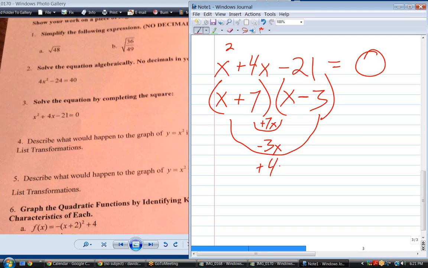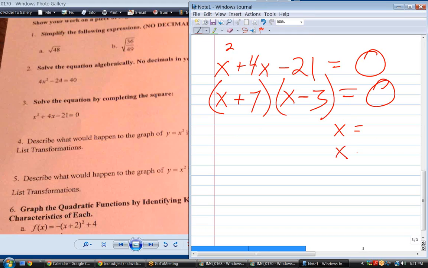That's how you get the middle term. So it works. So the easiest way to solve this problem is by factoring it. Giving you two solutions. What are they? X equals negative 3 and x equals 7?